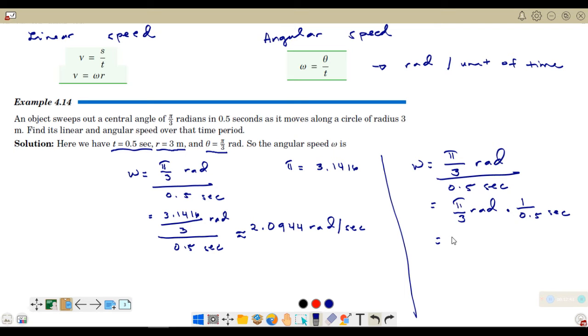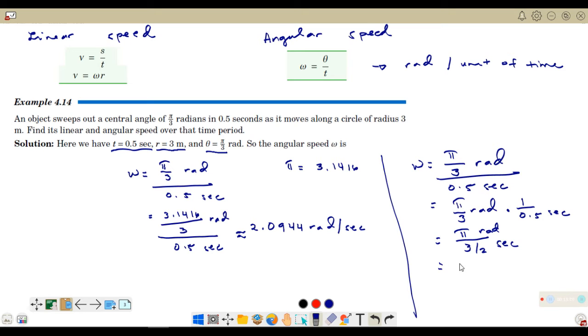Okay. So this time we have pi. What is 3 times 0.5? So 3 times 0.5 is, I guess that is 1.5, 3 over 2. So we have here radians per second. Hindi pa tayo tapos kasi may 3 over 2 pa tayo dito sa ilalim.